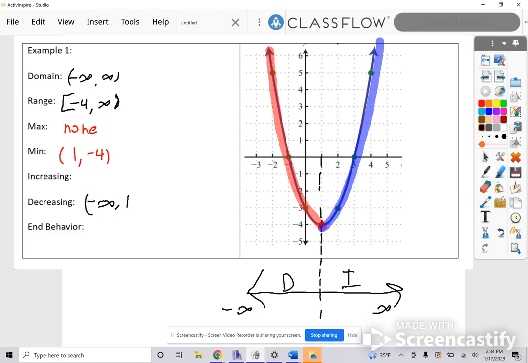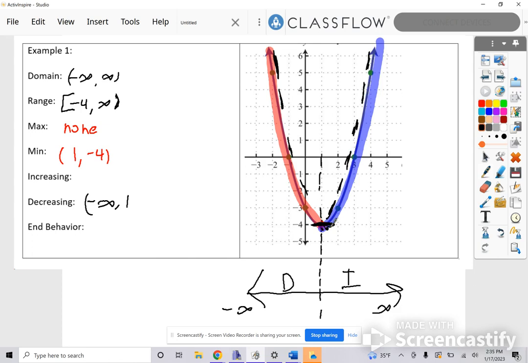Now we have to decide what's happening right here. What is happening at this one spot here? Well, the way to think about it is if I've got a skateboard and I've got a ramp. So I've got a skateboard here. It's going down, it's going down. And then at the very bottom here, the skateboard is going to flatten out. Then once I get past that point, it starts going up, and I can see the direction the skateboard is going, right?